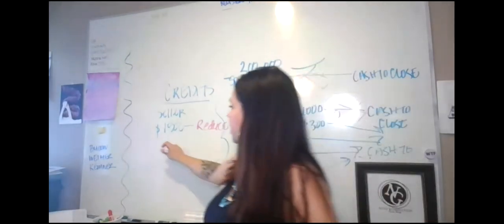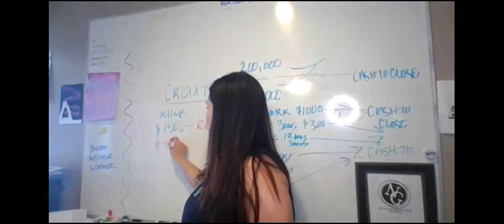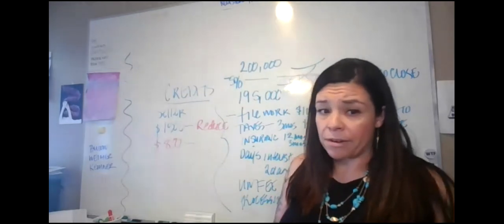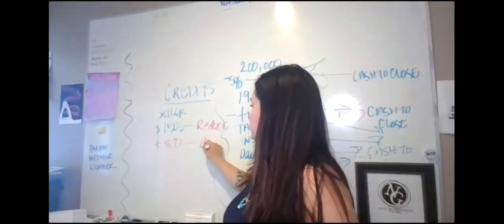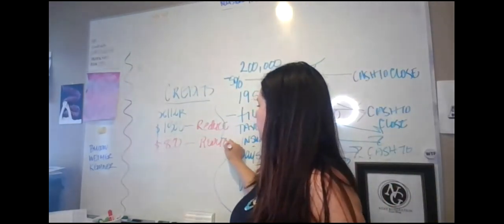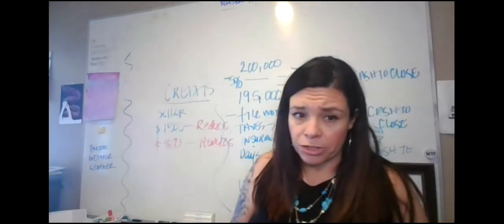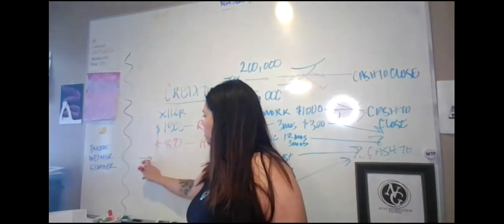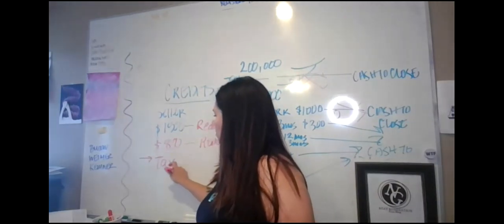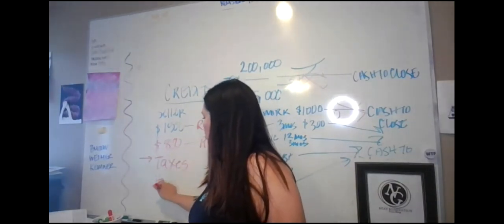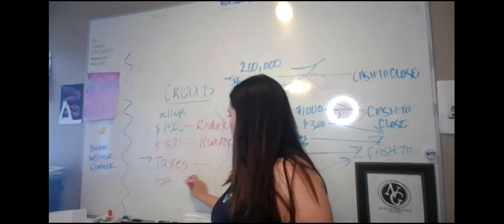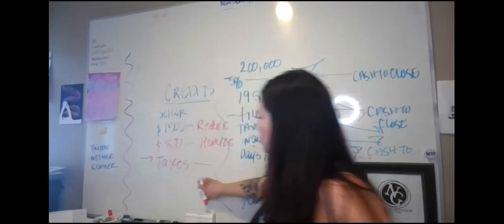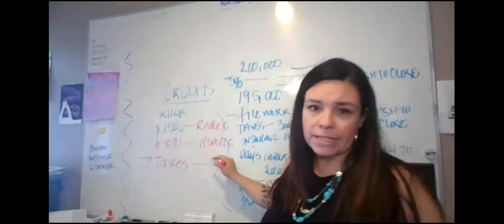I may have a credit from the rate, which is going to reduce my cash to close on a purchase. Also on purchases, you're going to get a credit, not HOA. You're going to get a credit for the property taxes.